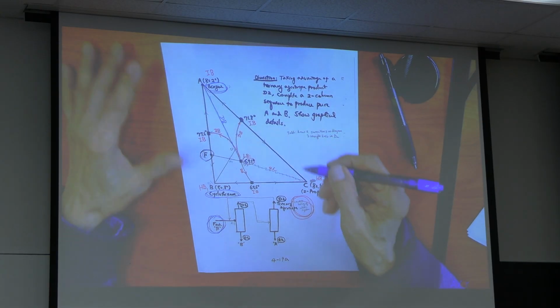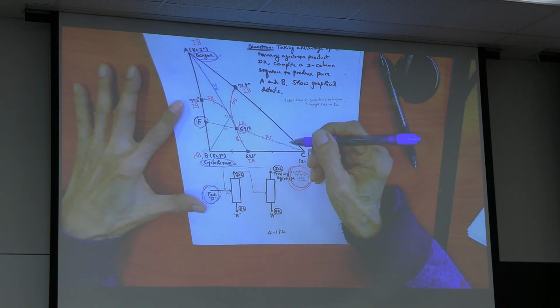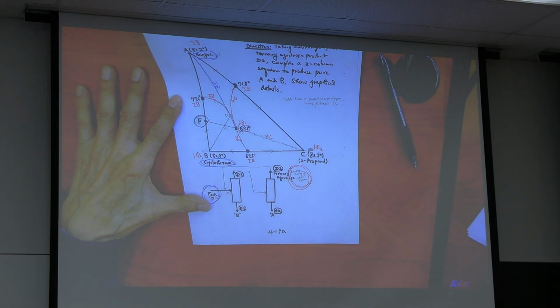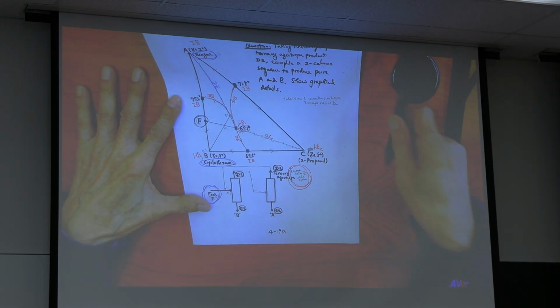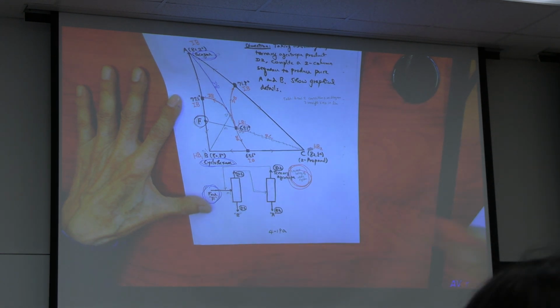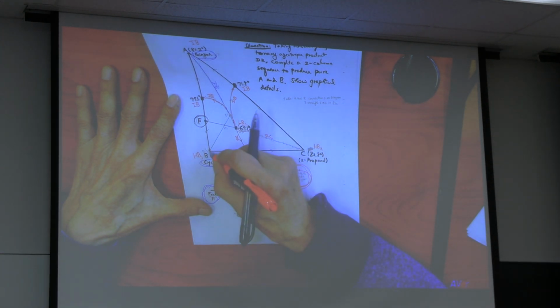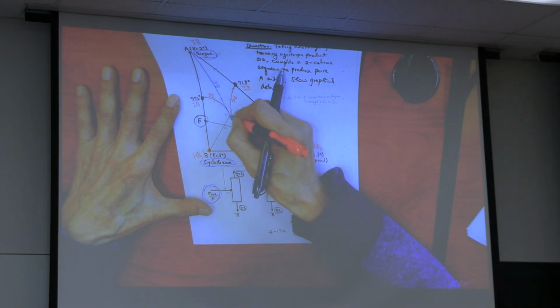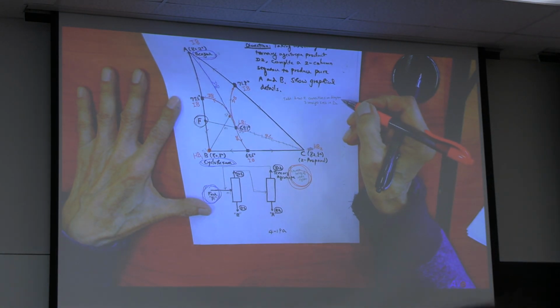So, right. So, how do I do it? I want to find B. I want to find a distillate point D1. Okay?